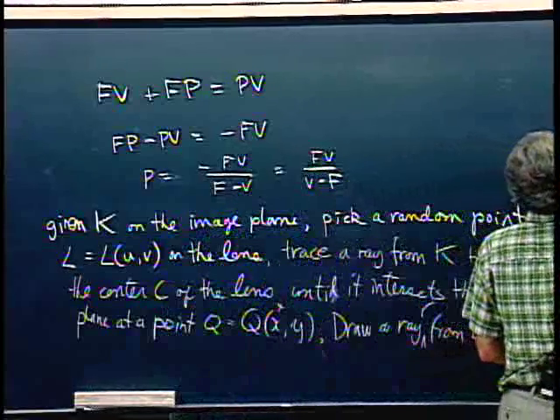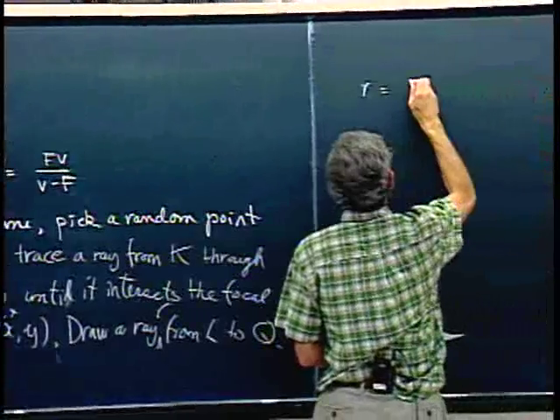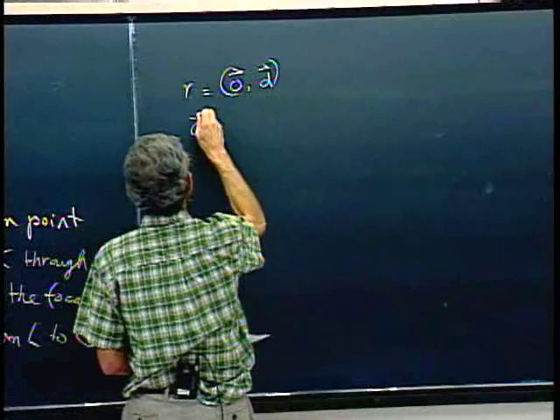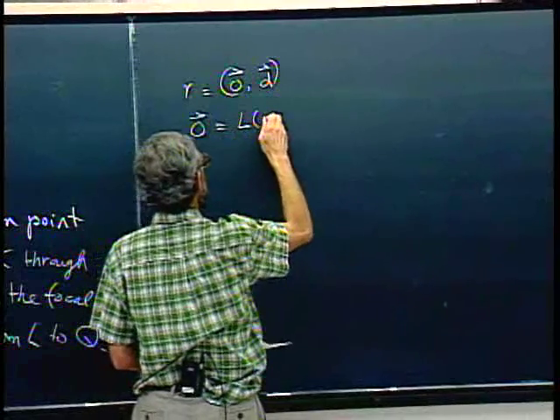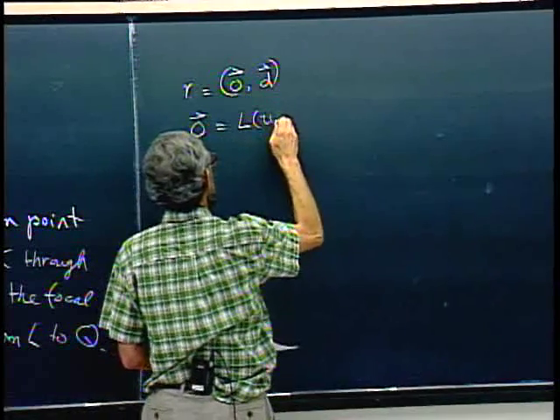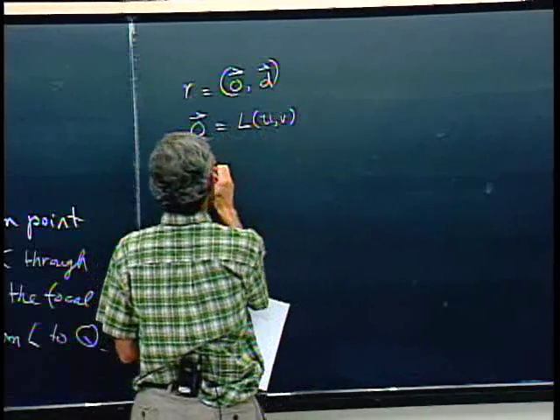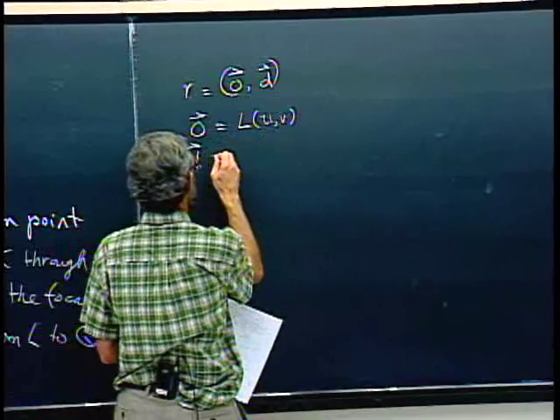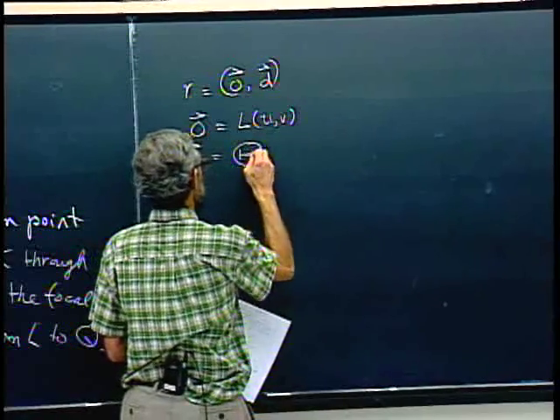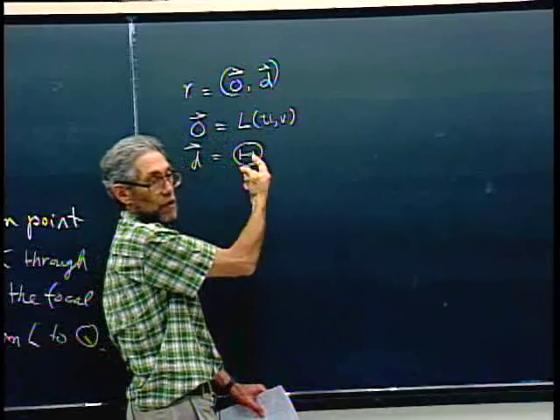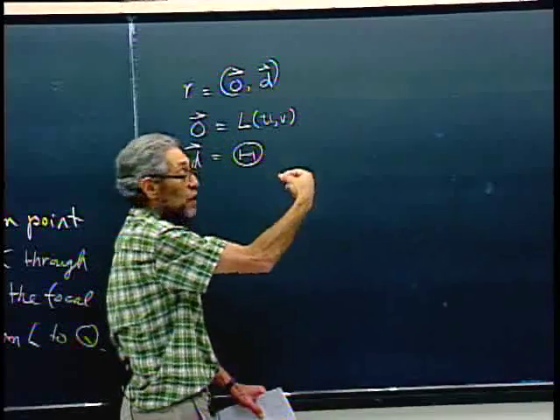The ray R has an origin and a direction. The origin of the ray is just this point L, which depends on the parameters in the lens plane. And the direction, we can say its direction is capital theta. Eventually it's going to be the light coming into the lens from the environment. So I'm sort of using the book's notation for the incoming light direction.